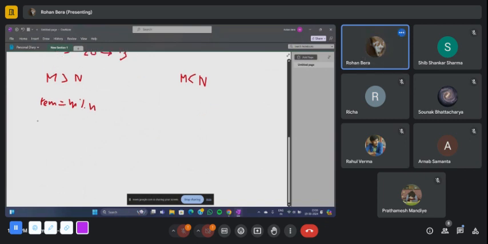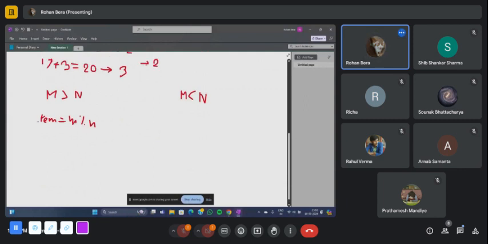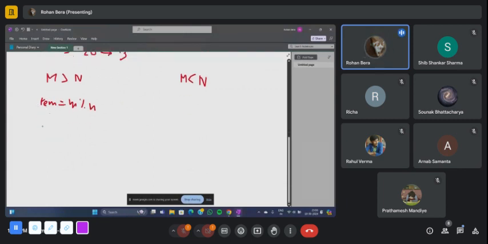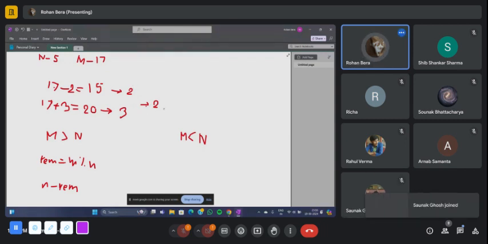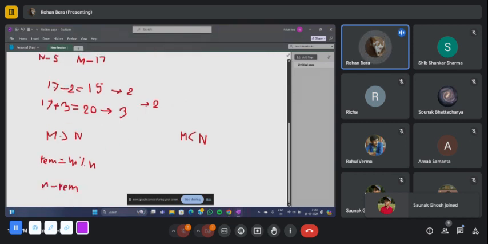Similarly, if I have to add some cookies, the number of cookies I can add would be n minus rem, where rem is basically m modulo n. The cookies I destroy and the cookies I add take 1 second each. If I destroy 2 cookies, it gives me 2 seconds. If I add 3 cookies, it gives me 3 seconds. So eventually, the minimum of these two will give me the answer as the minimum time taken. This is the condition for m greater than n.